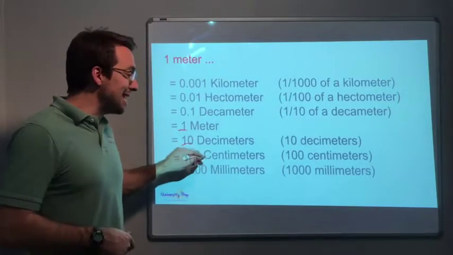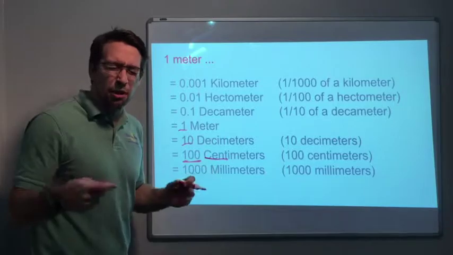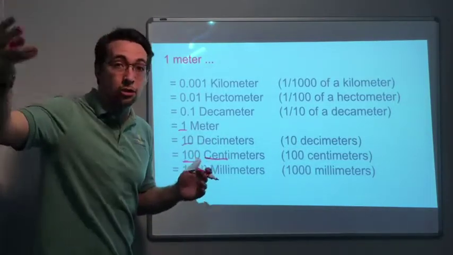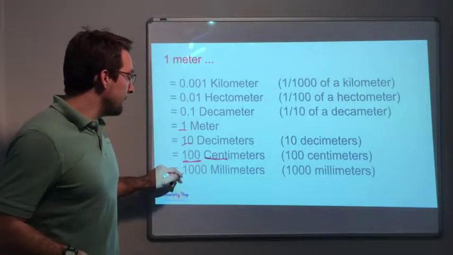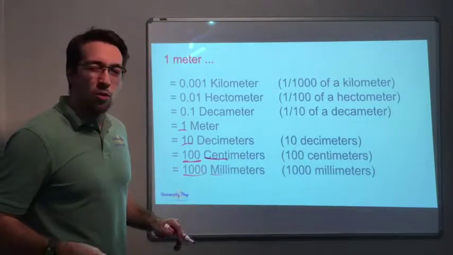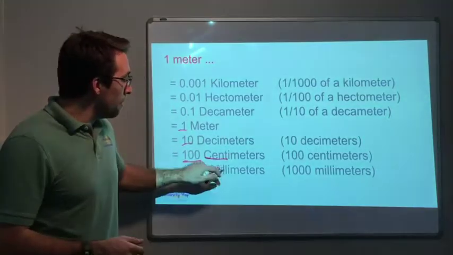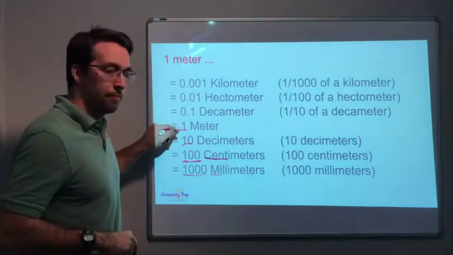There's 100 centimeters in a meter. Centimeter, think about 100 cents in a dollar, 100 years in a century. It's all Latin roots. Centi is 100. And then milli, in Latin, mil is 1,000. So there's 1,000 millimeters in a meter.